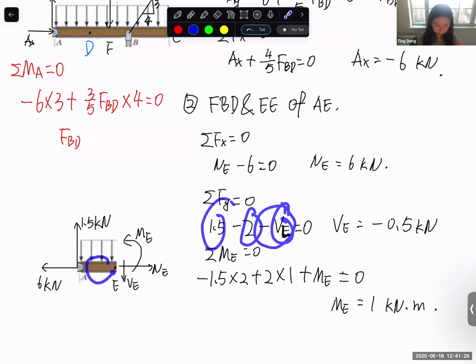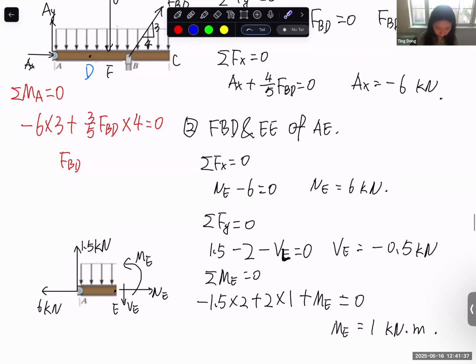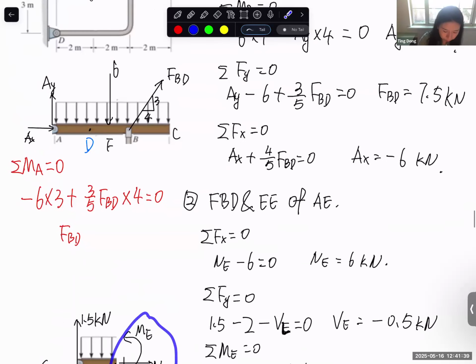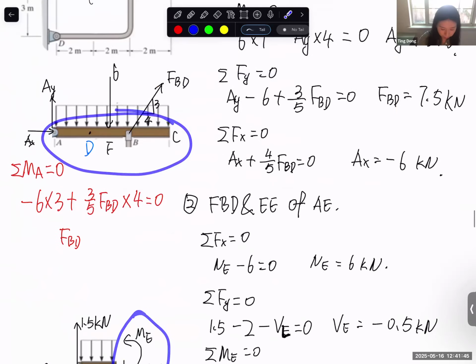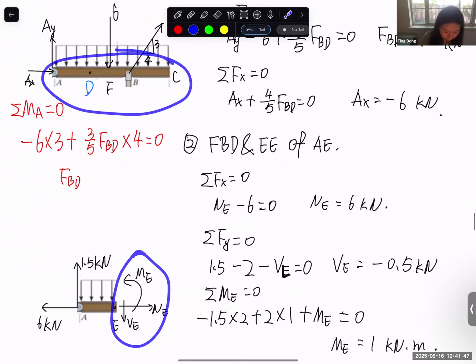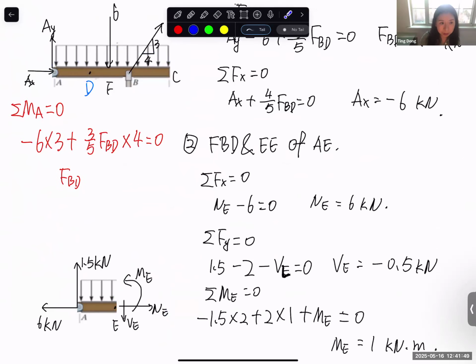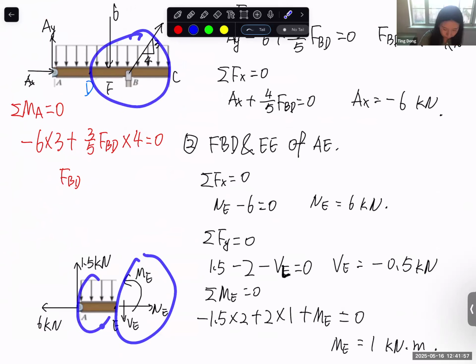So specifically for this section, everything applied on this AE section is considered an external applied force to the AE section. Or you can consider the force here: when we consider the entire section AC, yes, these are the positive internal forces. But after we separate the AD section from the entire AC beam, the force here we can consider as the force applied by the CD to the AE.